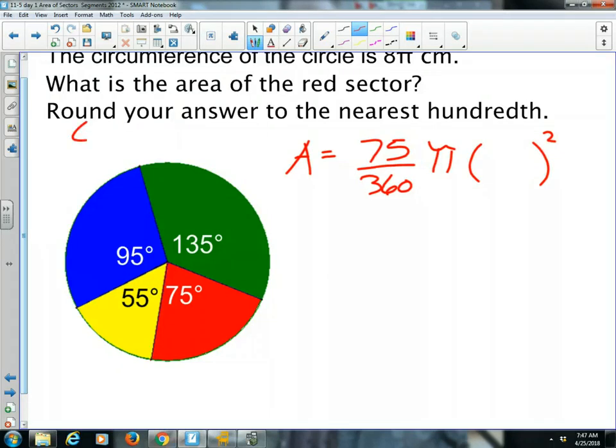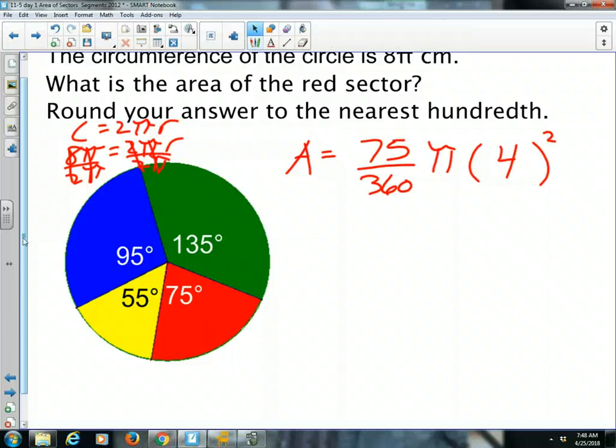Class, the circumference equals 2 pi r, and our circumference is 8 pi, that equals 2 pi r. How do we get the radius? Divide by 2 and divide by pi. So then we get 4 is our radius. So 75 over 360 times pi times 4 squared, or times 16.